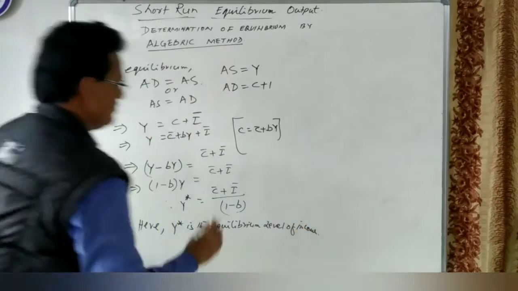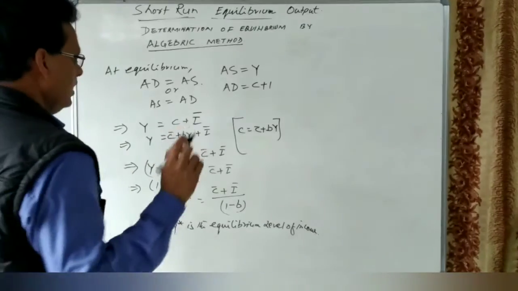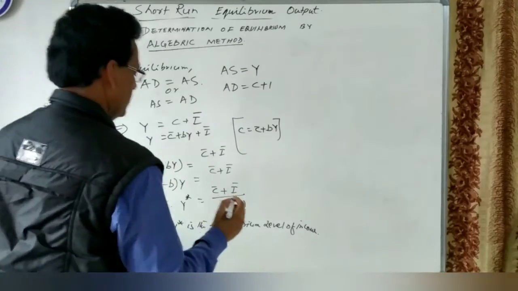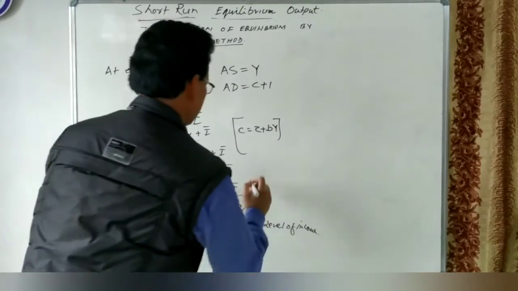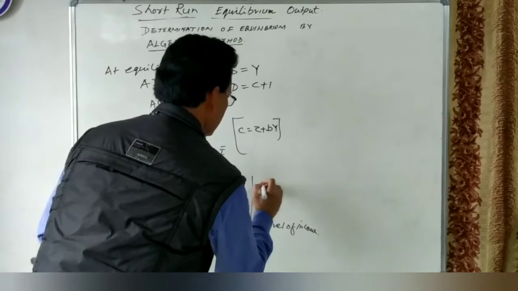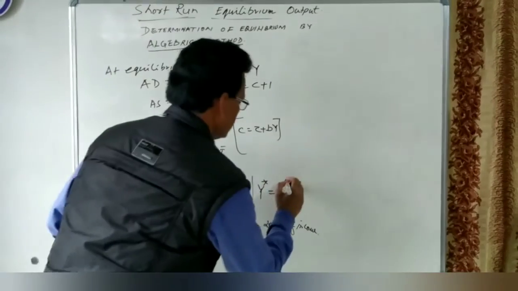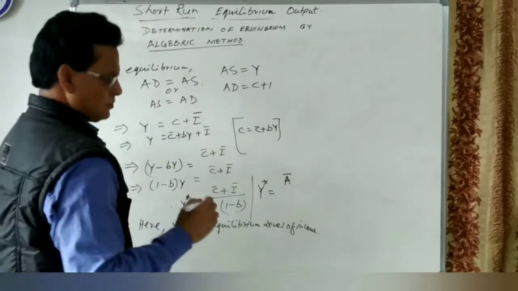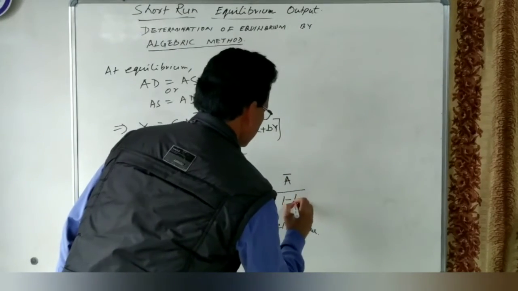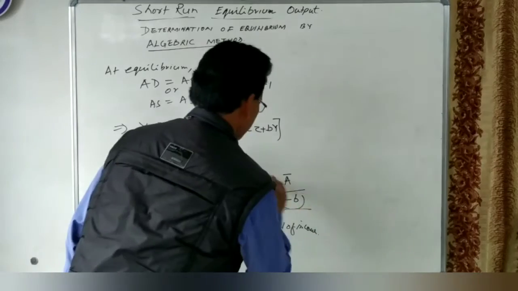So we have derived this formula for the equilibrium level of income. It can also be written as Y star equals A star, the autonomous expenditure, divided by 1 minus B.